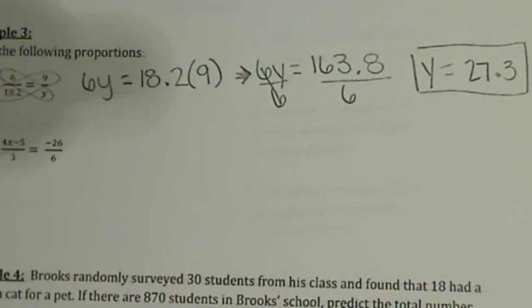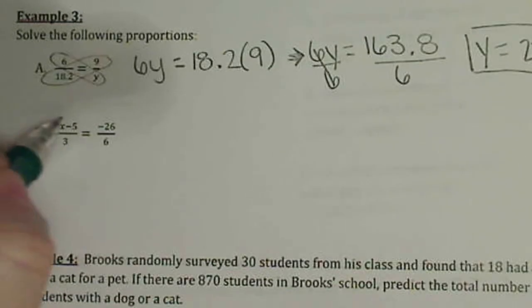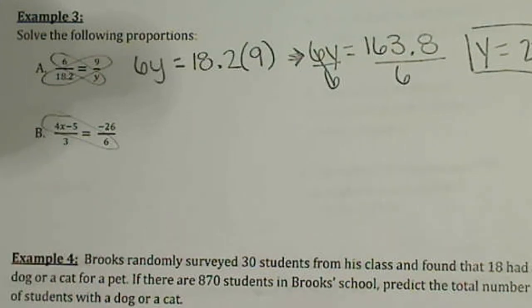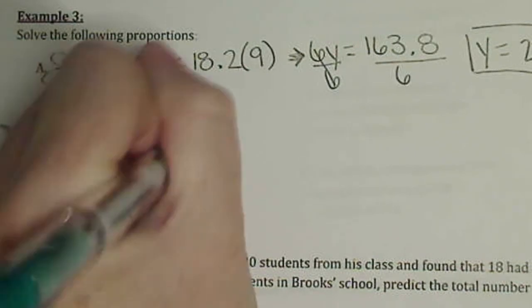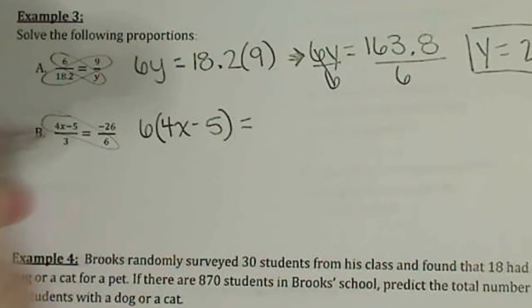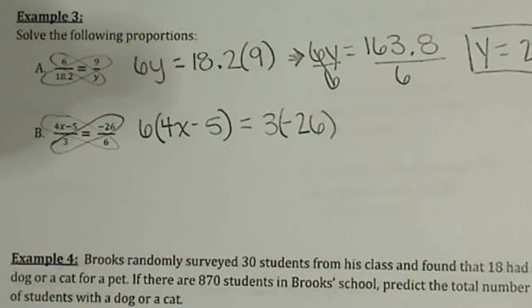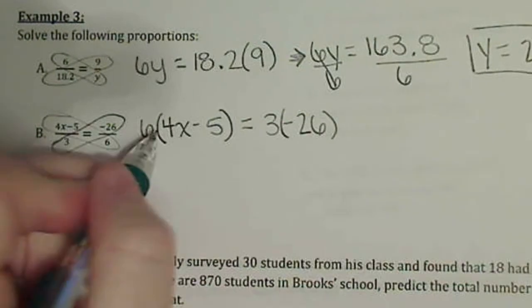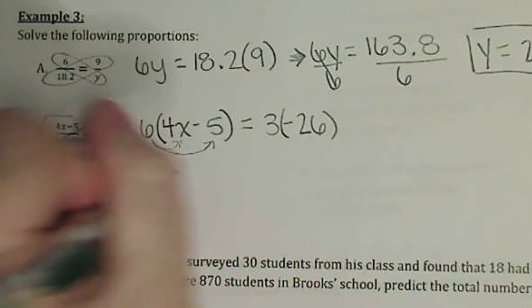Excellent. Okay, this next one has a variable, but don't let it scare you. 6, remember to put parentheses, 4x minus 5 equals 3 times negative 26. Okay, when you're solving, don't forget to distribute the 6 to both.